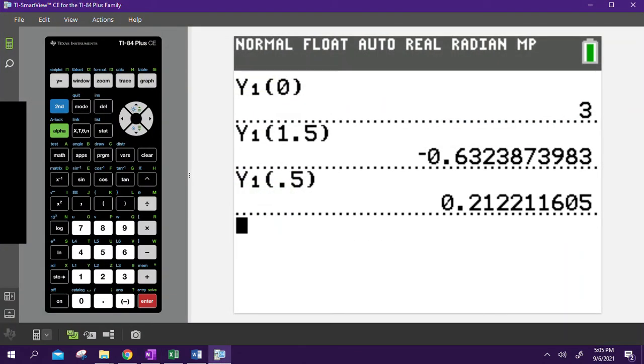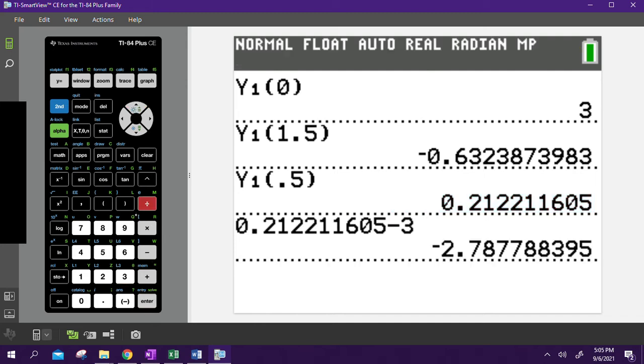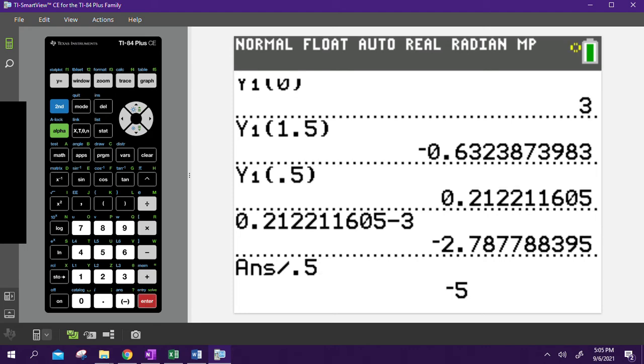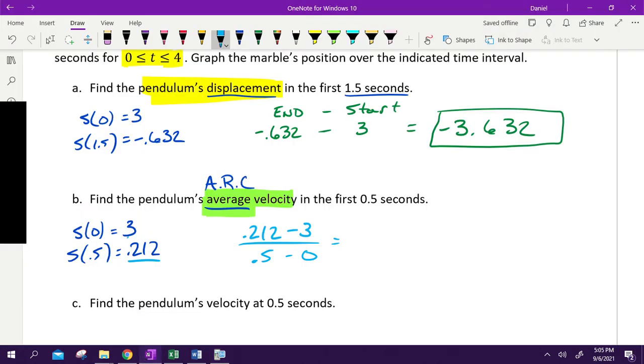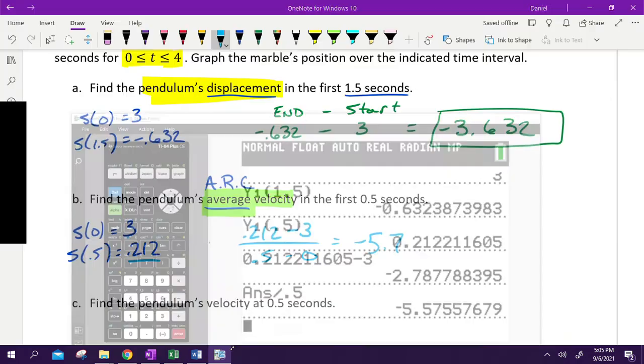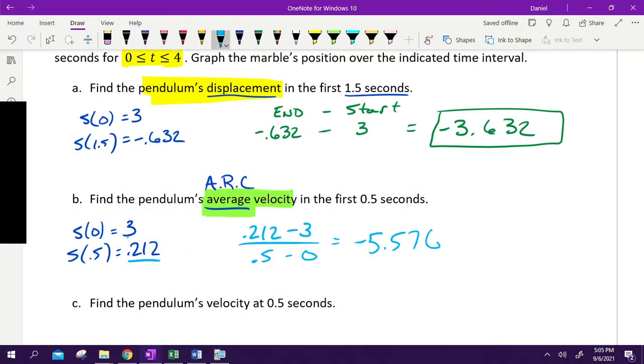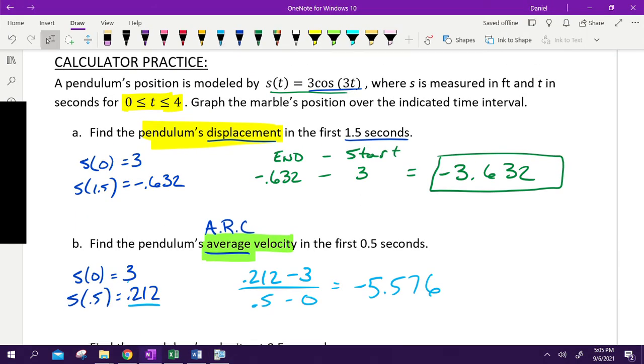So I'm taking that number right there, minus 3, and I'm going to divide it by 0.5, negative 5.576. My units would be feet per second, because this is measured in feet, that's measured in seconds.